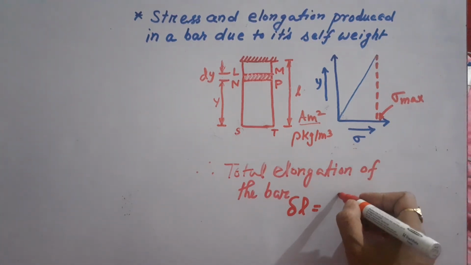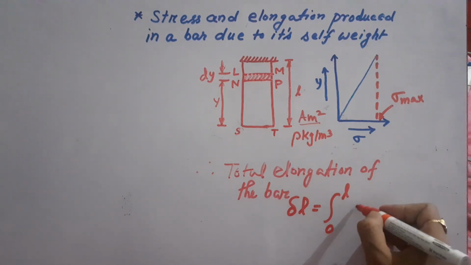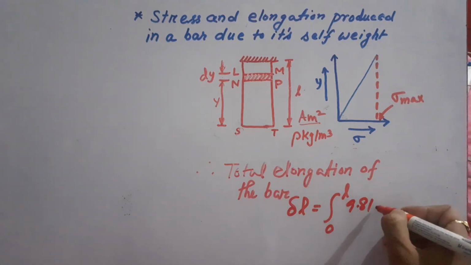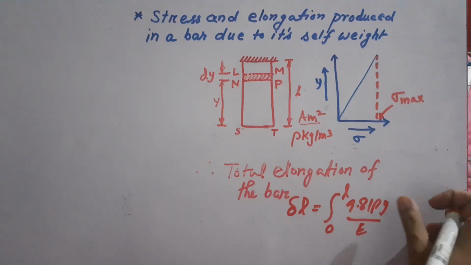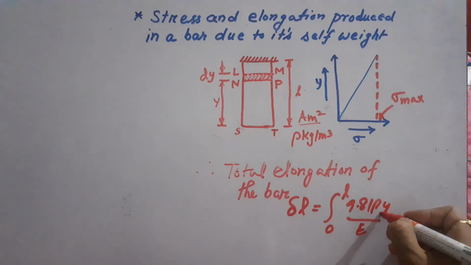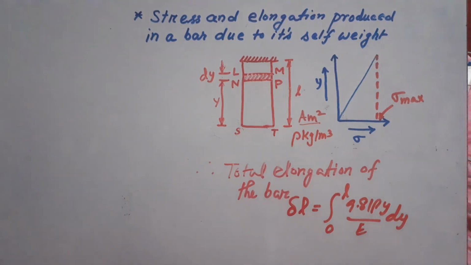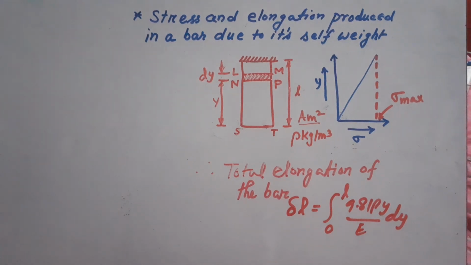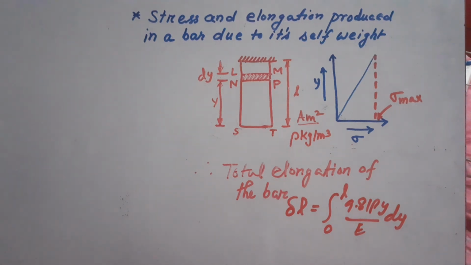The limit will be 0 to L of 9.81 rho y by E dy. So the same dy portion we are integrating to get the total elongation of the bar. How we will do this integration we will see in the next video.